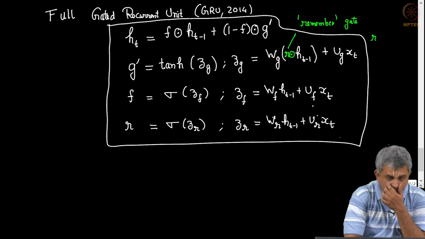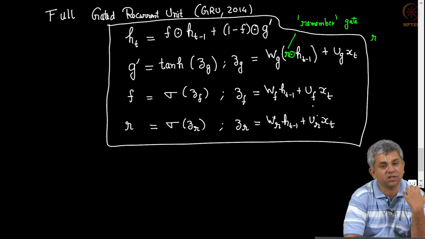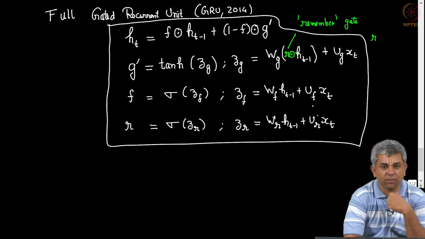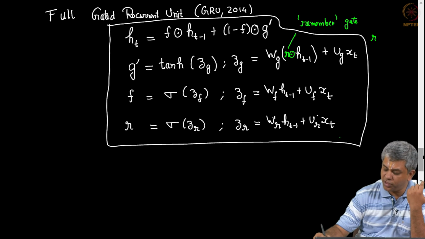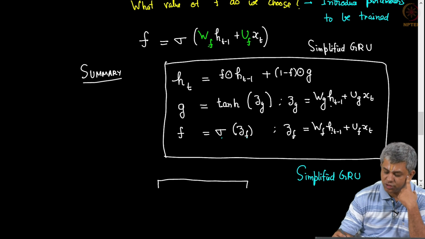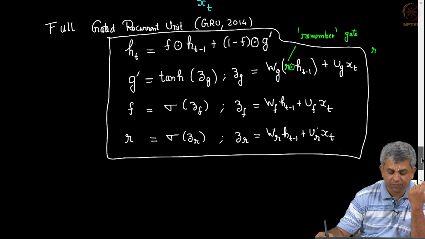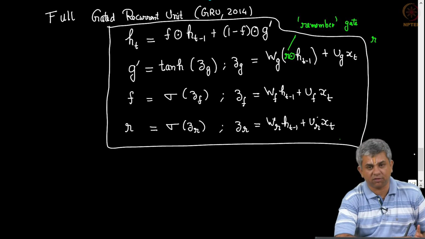So, now you have increased your number of parameters by a factor of 3. Okay. So, we will see in LSTM that when you go to LSTM, it is 4 times rather than just 3 times, but for GRU it is 3 times, and if we go back to simplified GRU it was 2 times, okay, Wg, Ug, Wf, Uf. So, the fully gated recurrent unit gives you more parameters to play with, okay.